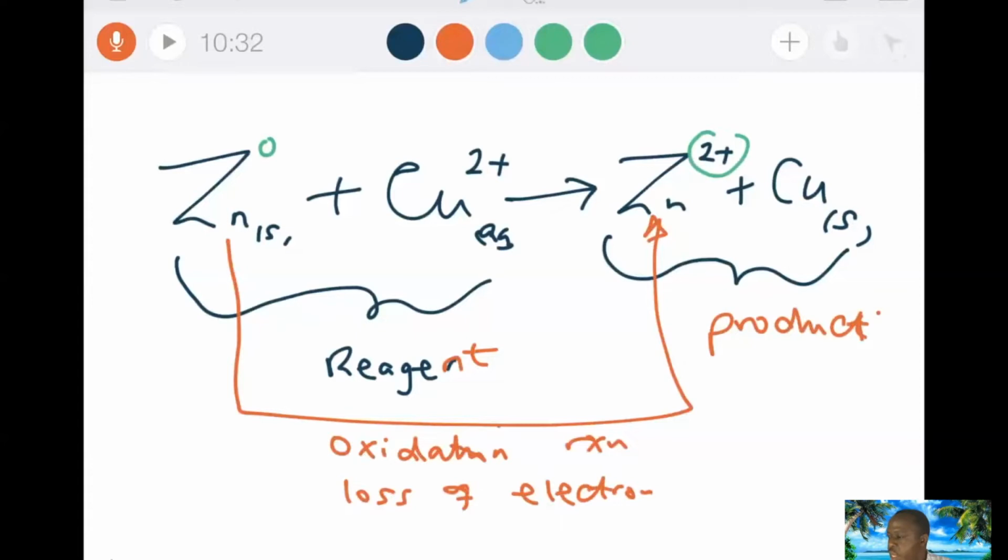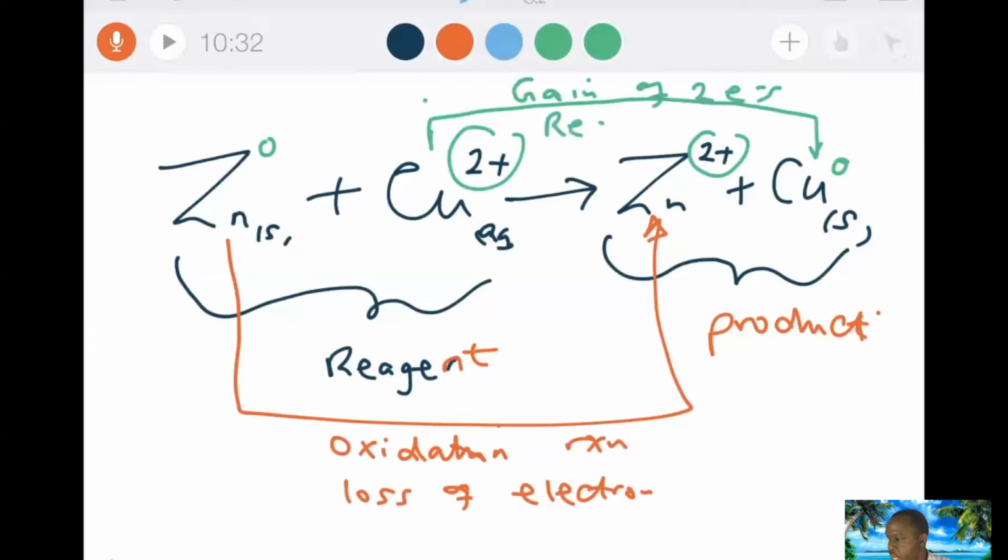And then this is going from positive 2 to 0, so gain of 2 electrons. So this is reduction.